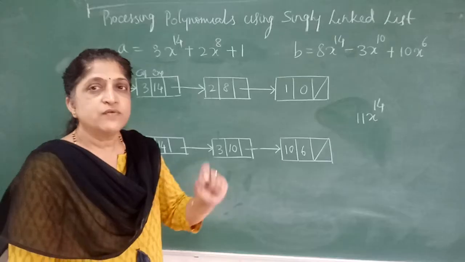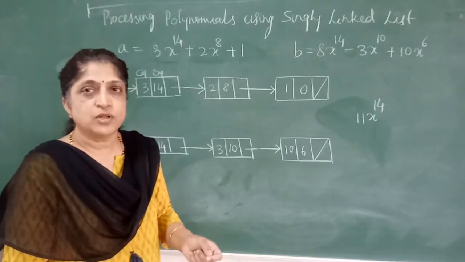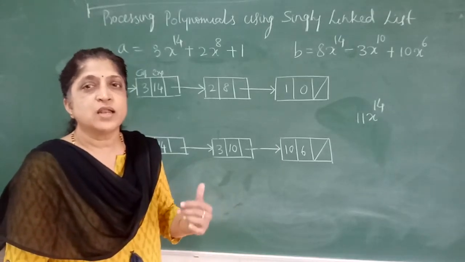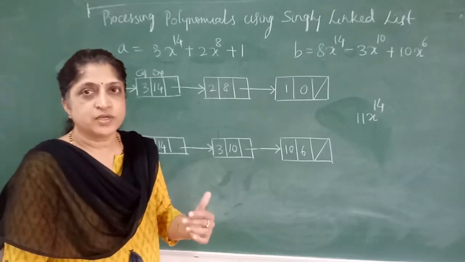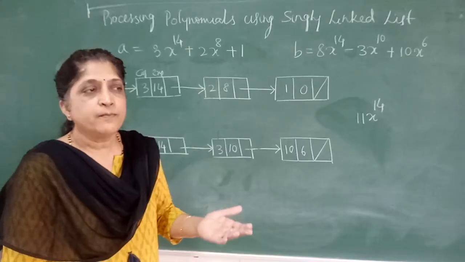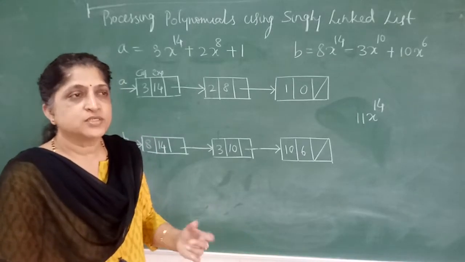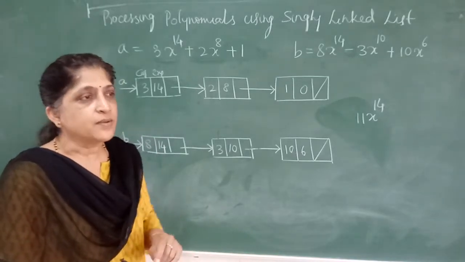For this, whenever we have to add a new term to the polynomial, we have to get the node allocated. That is, we have to perform the get node operation. In C, we will be performing malloc operation. So using malloc operation, get a node for the sum polynomial.